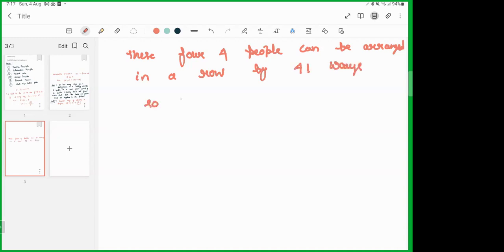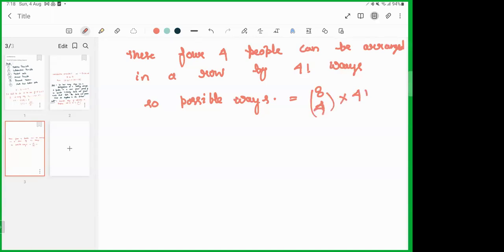So possible ways equals 8C4 multiplied by factorial 4.